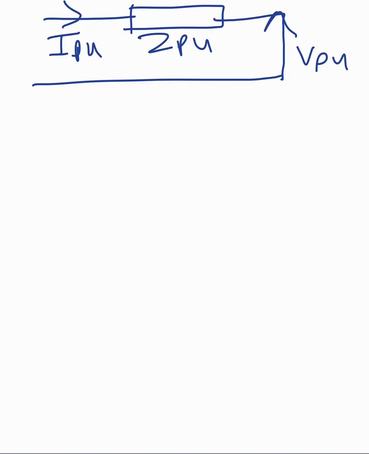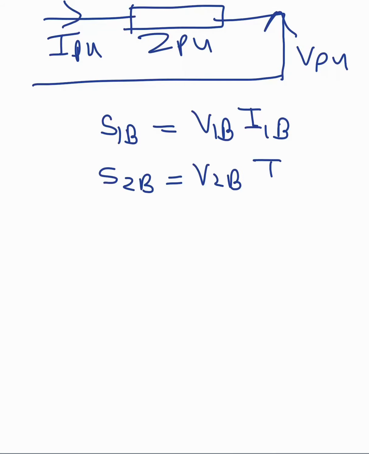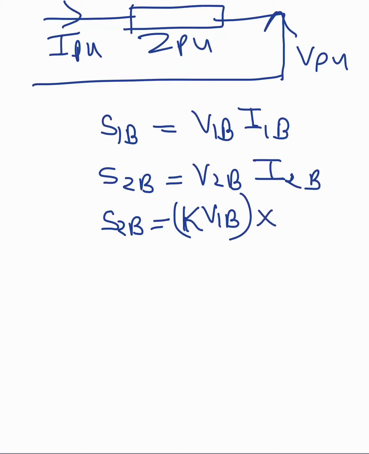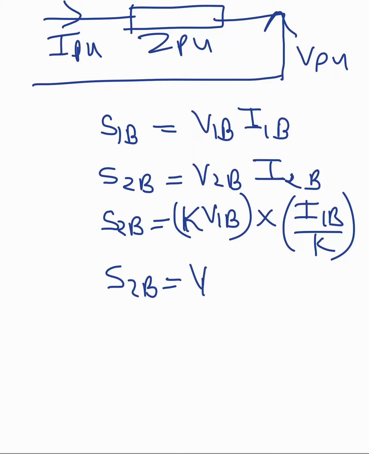The next is the base VA. So S1B is equal to V1B I1B, and S2B is equal to V2B I2B. So S2B is equal to K into V1B into I1B upon K. So S2B is equal to V1B into I1B.